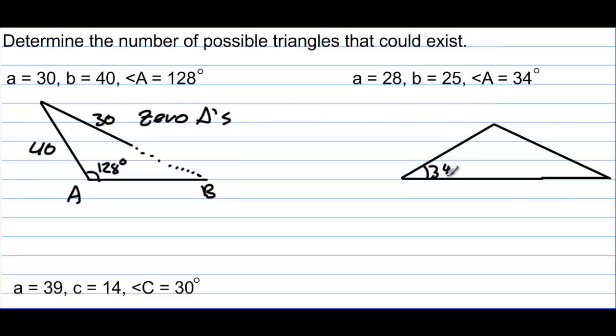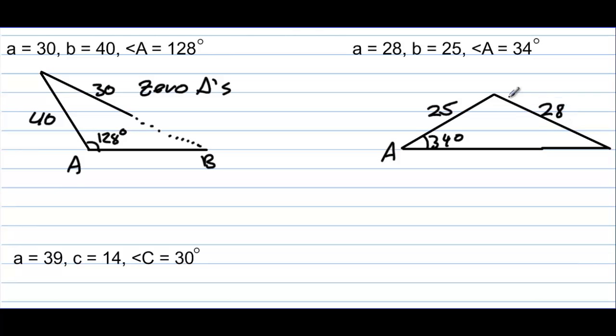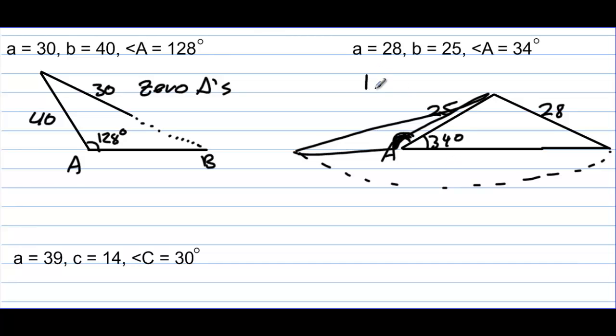This is the 34 degrees, and that's angle A. So A is over here 28, and this is 25. Now, since this one is longer than this one, when we swing around here, it's going to swing all the way. It will form another triangle, but that doesn't count because you'd have to change the angle of A. So this is one triangle.